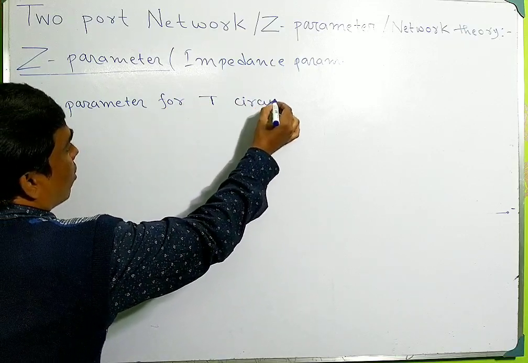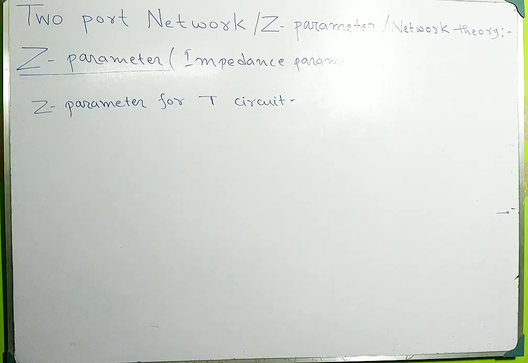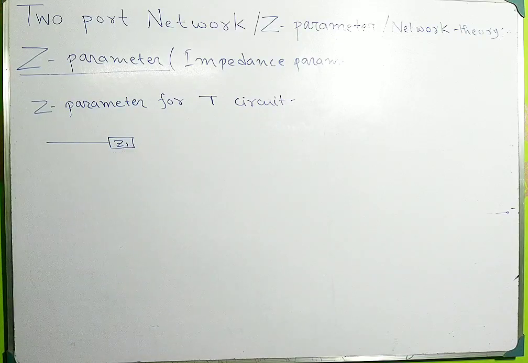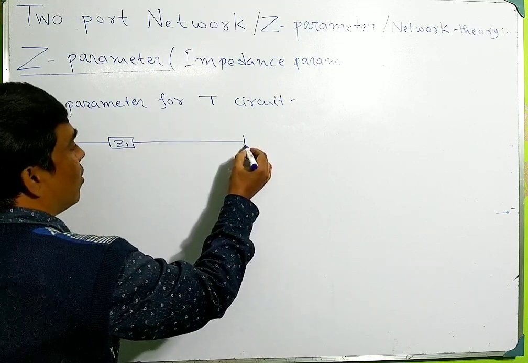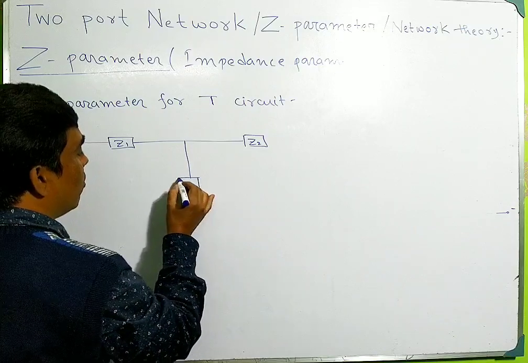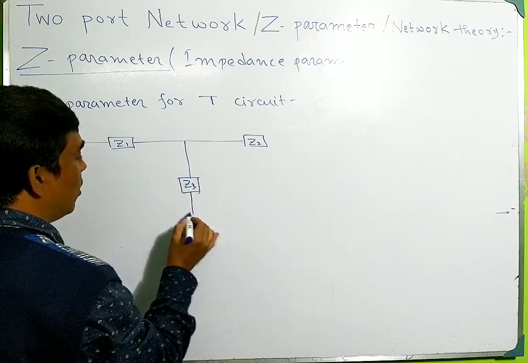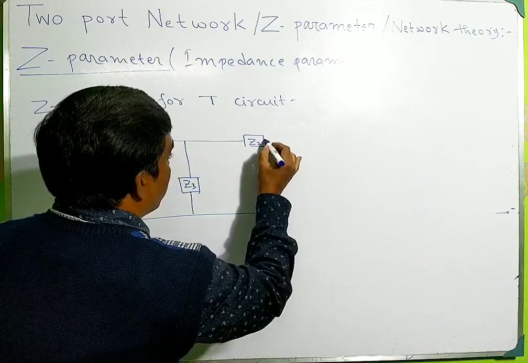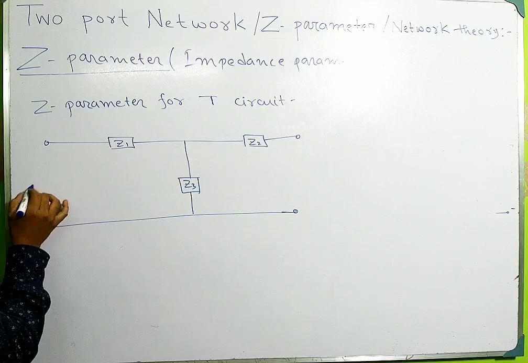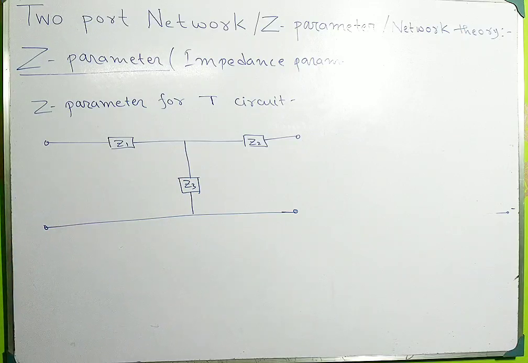The circuit will be T-shaped; suppose these are Z1, Z2, and Z3. This looks like a T circuit. For the T circuit, you have to find the Z parameters.